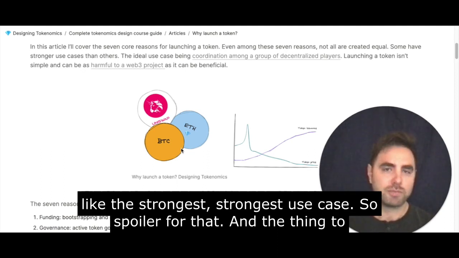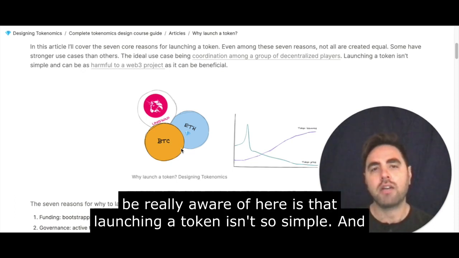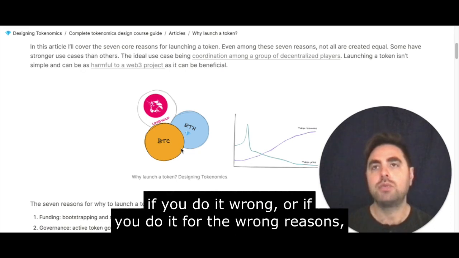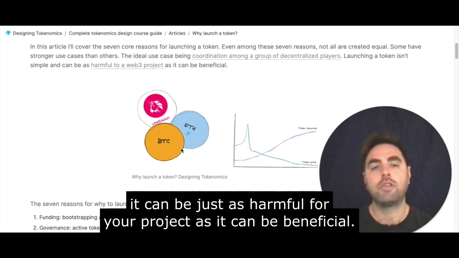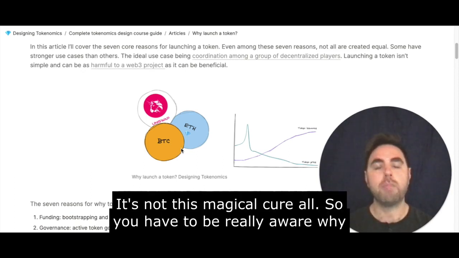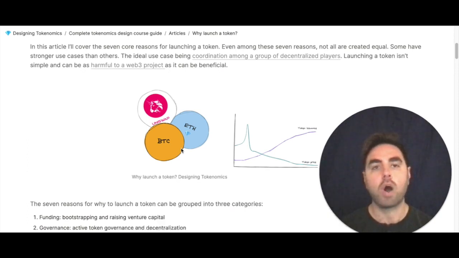And the thing to be really aware of here is that launching a token isn't so simple. If you do it wrong, or if you do it for the wrong reasons, it can be just as harmful for your project as it can be beneficial. It's not this magical cure-all. So you have to be really aware of why you're doing it.